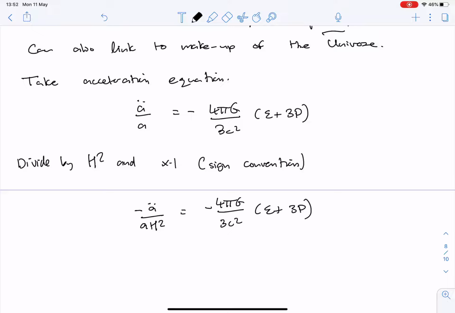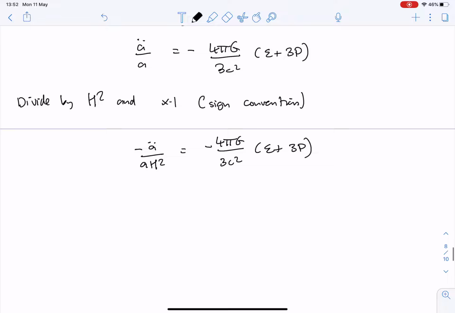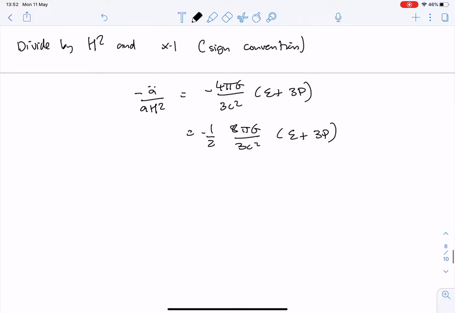Okay, and now I'm going to give away the answer to one of last week's problems as well, because what I can do here, I can write this also out as being 1/2 times 8 pi g over 3c squared h squared, times e plus 3p.